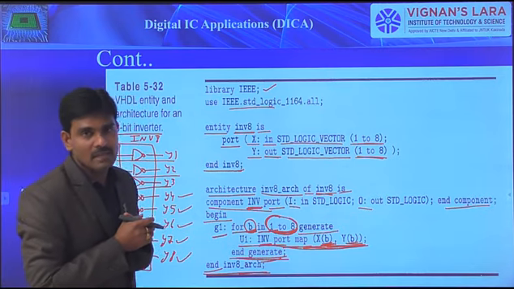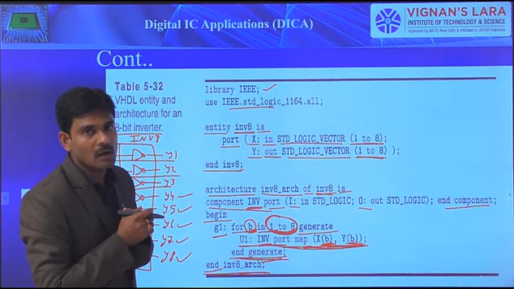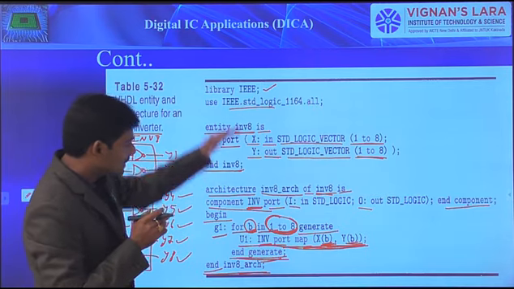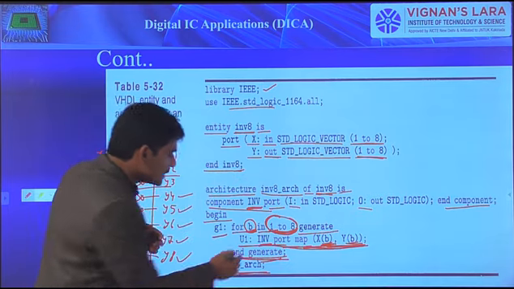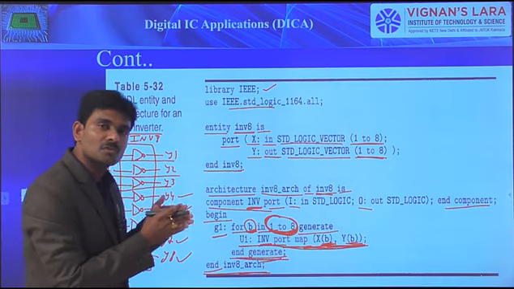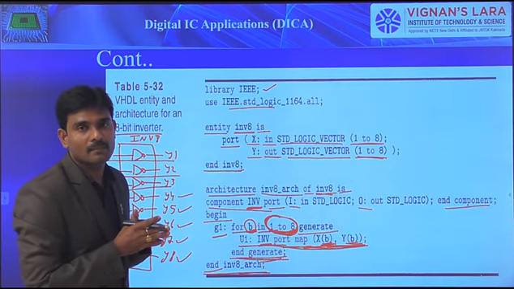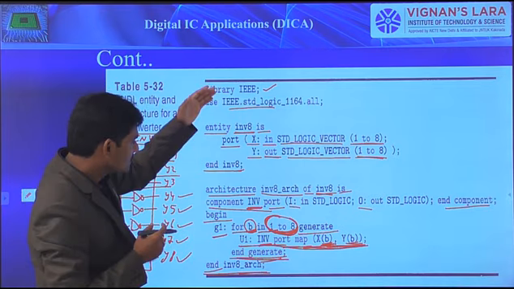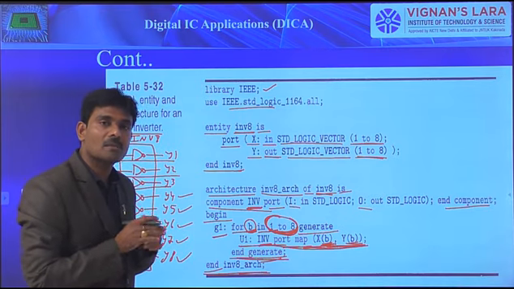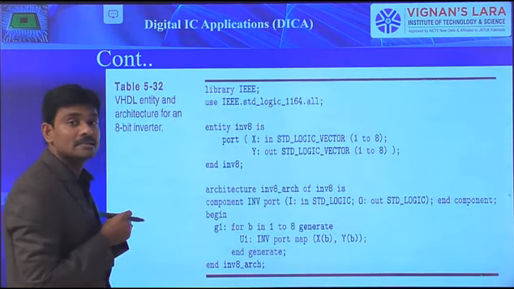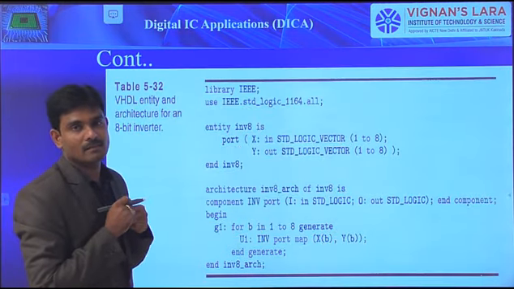So in VHDL we also have a tool called the generic statement. The idea is, instead of mentioning a specific range, we use a constant there. By assigning different values to that constant, the same program can be used for multiple applications. We can achieve that by means of a generic constant statement.